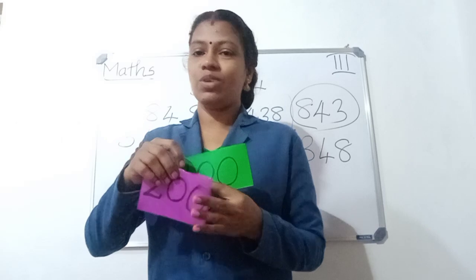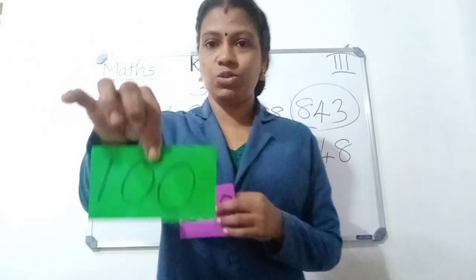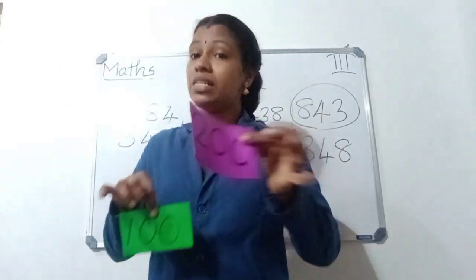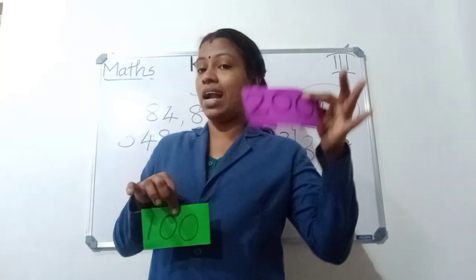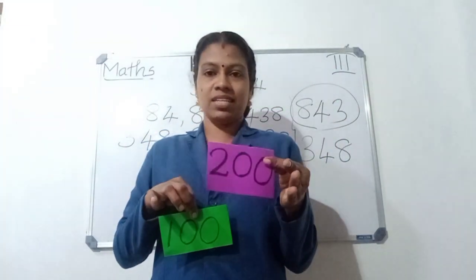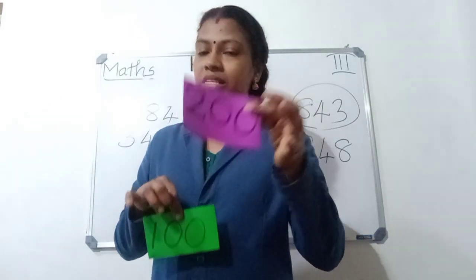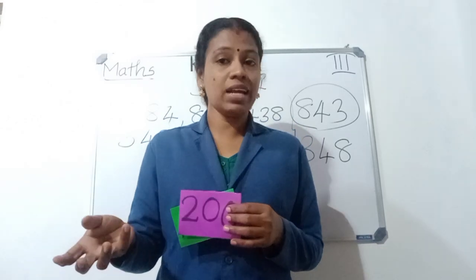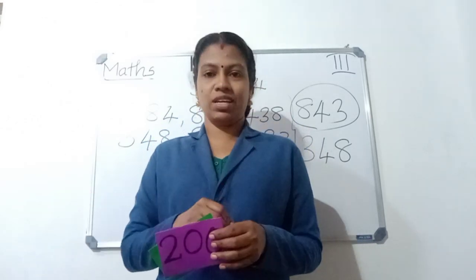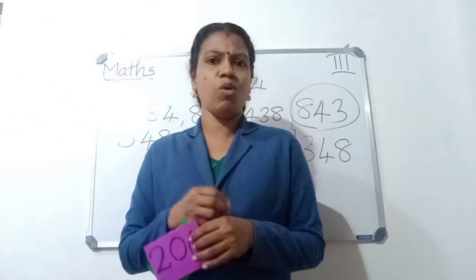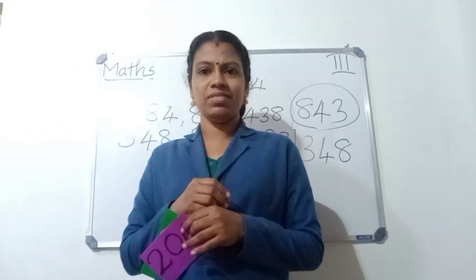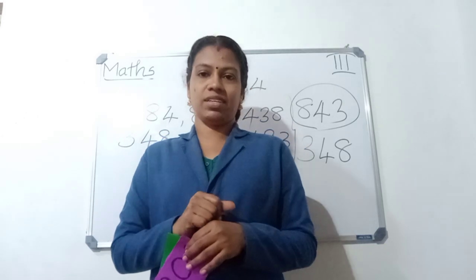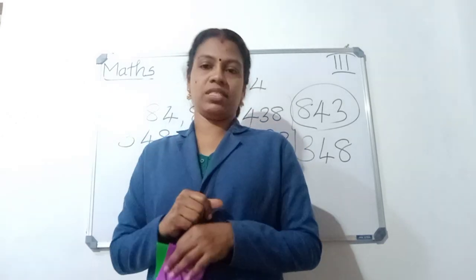100 is century. Just a century. 200 is double century. Double hundreds are there. So this is double century. Then 300, it is called as triple century. Then what about 400? Yes, 400 is 4th century.